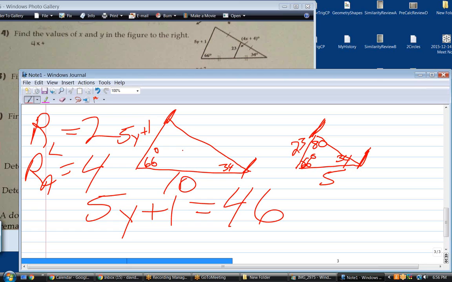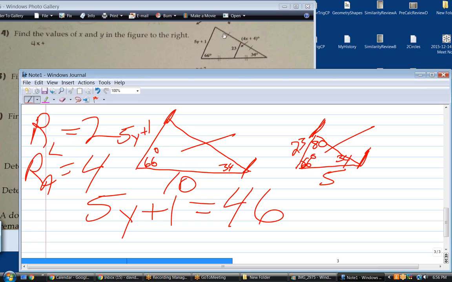If I said this triangle is 4 times bigger than that triangle, I'm referring to the area. The area of the triangle is 4 times bigger than this triangle because the linear ratio is 2.